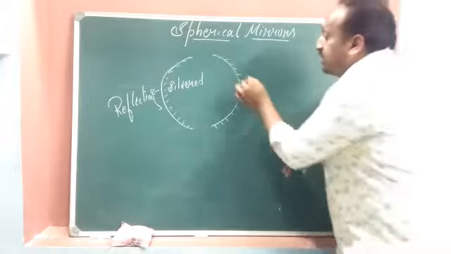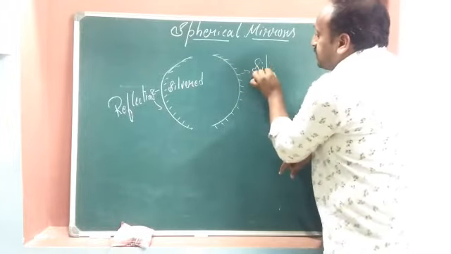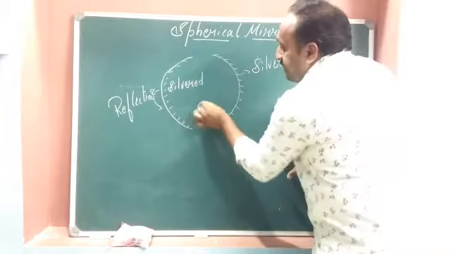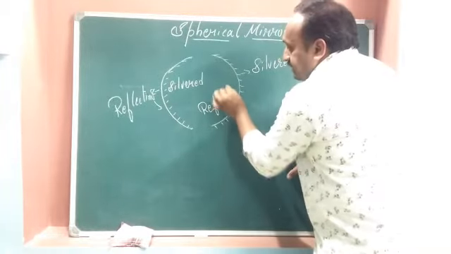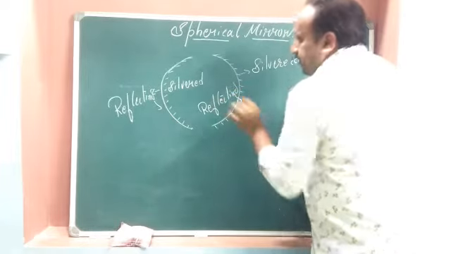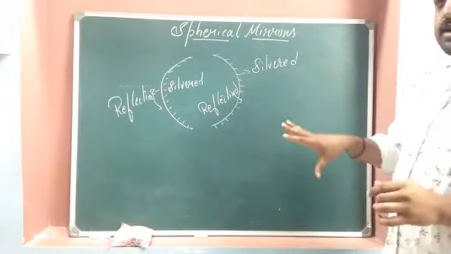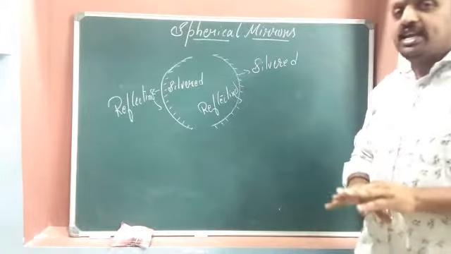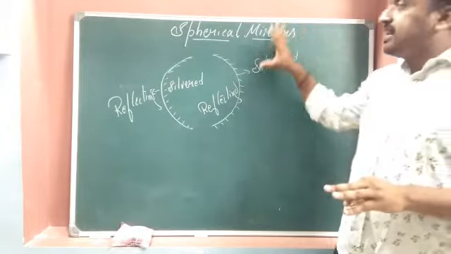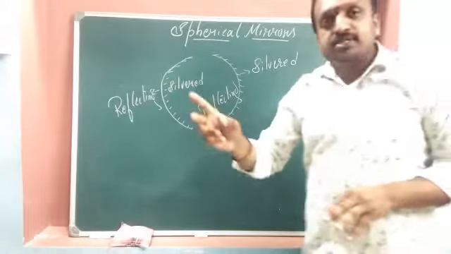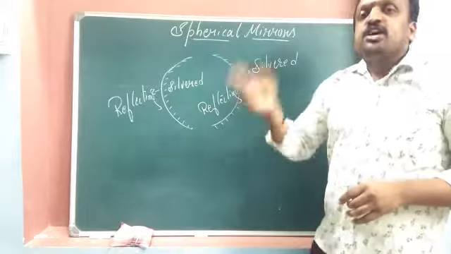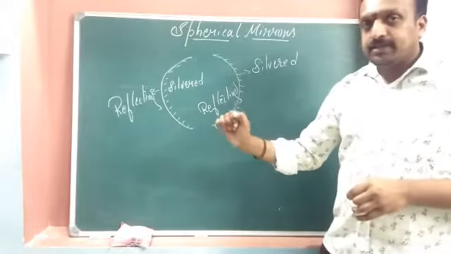In another one, the silver surface is outside and the reflecting surface inside. Clear? Based on these things, we divide the spherical mirror broadly into two types. One is the concave mirror, another one is the convex mirror.